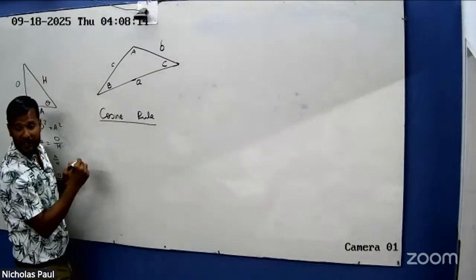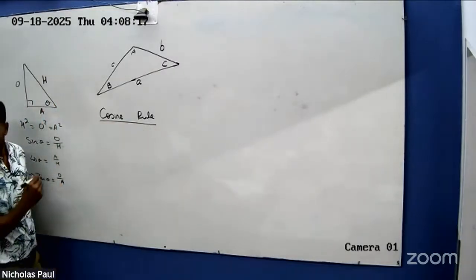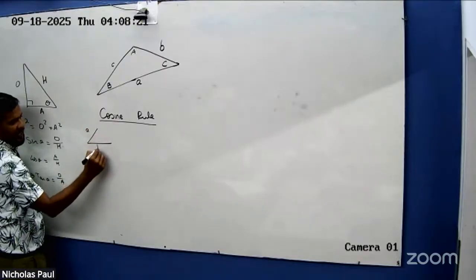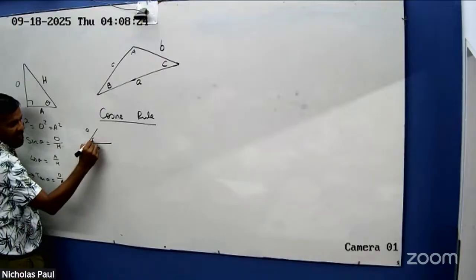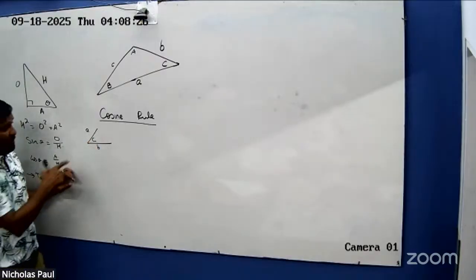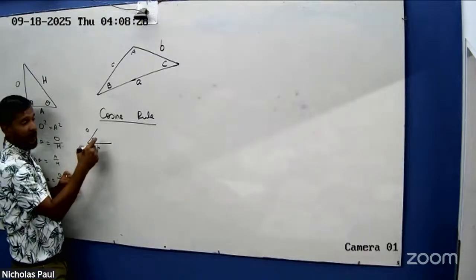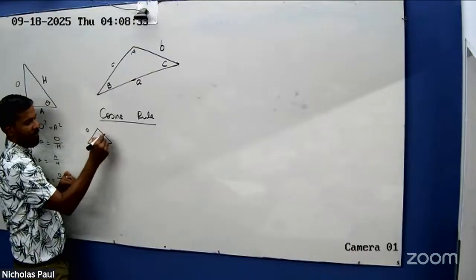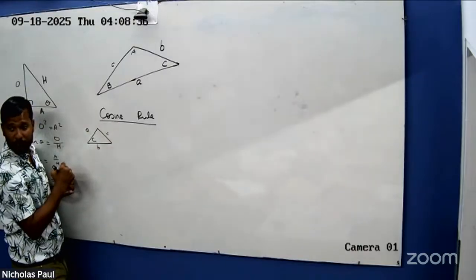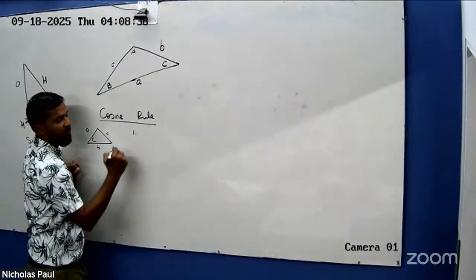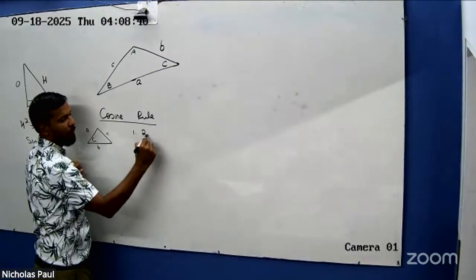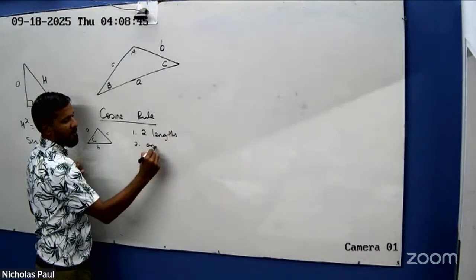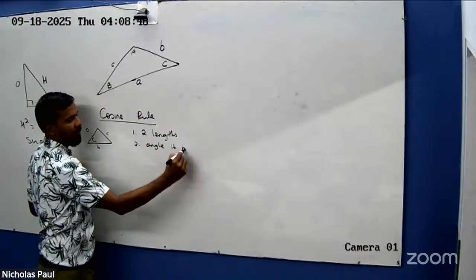Whenever you have two sides of a triangle, let's say that's a and b, and you have the angle in between, which is, you have two sides and the angle in between, and the question says, okay, find c, we use the cosine rule. So we must have two lengths and the angle it makes. Yeah?